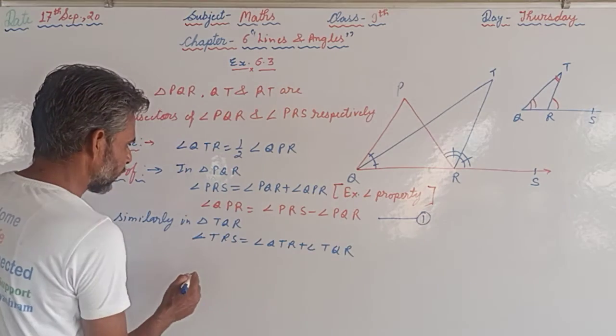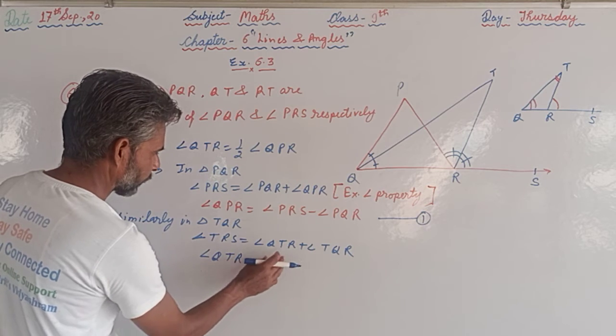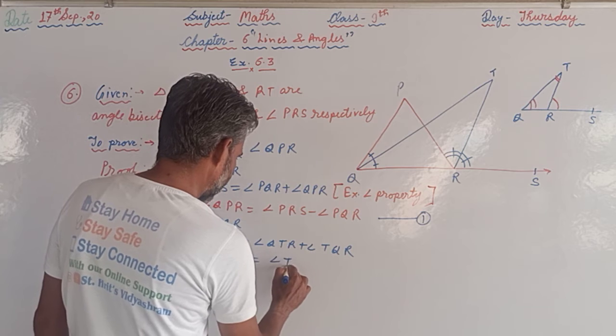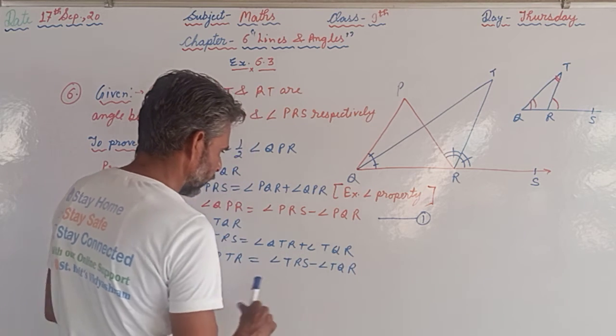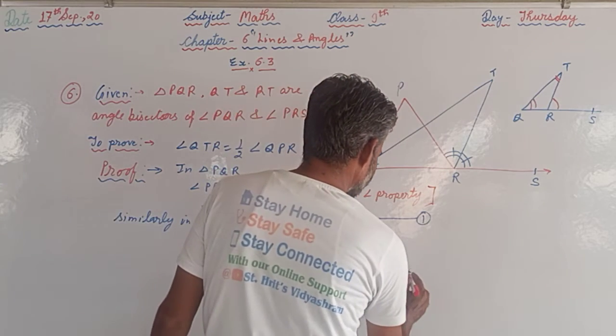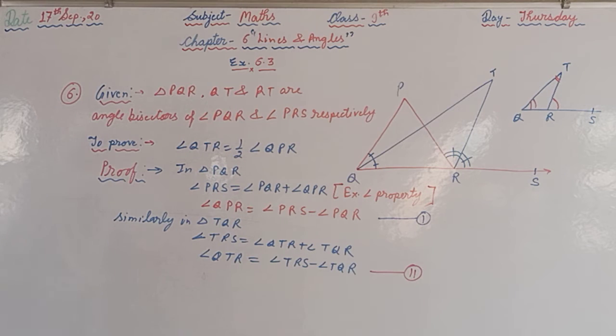From here we can find angle QTR is equal to angle TRS minus angle TQR. This is equation 2.